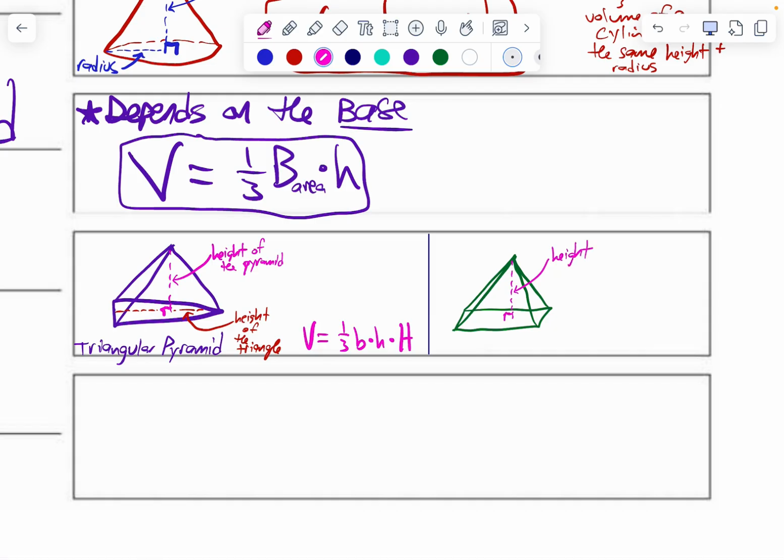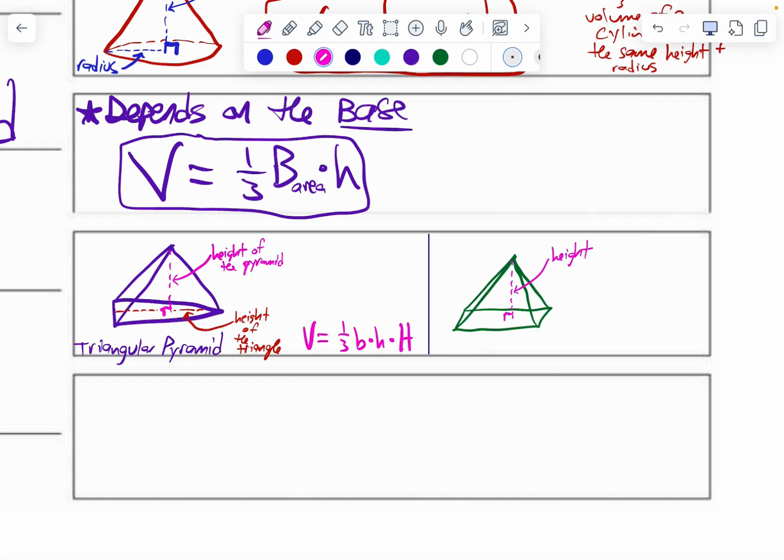Height again is perpendicular. Tell me about finding the volume of a rectangular pyramid. What all do we need to know?